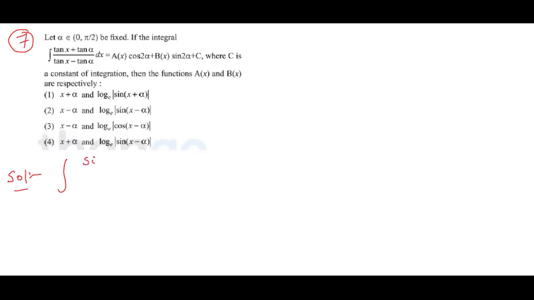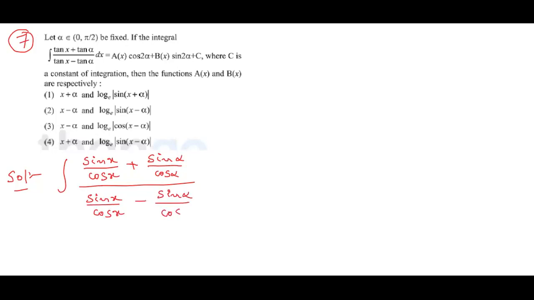So first I am writing tan x means sin x by cos x plus tan alpha means sin alpha divided by cos alpha, whole divided by, and the denominator also the same, sin x by cos x minus sin alpha divided by cos alpha, into dx.